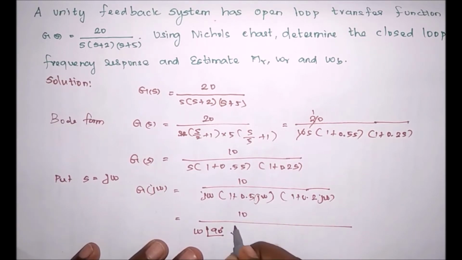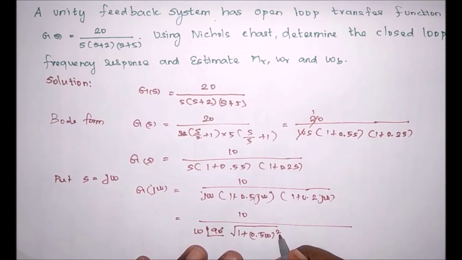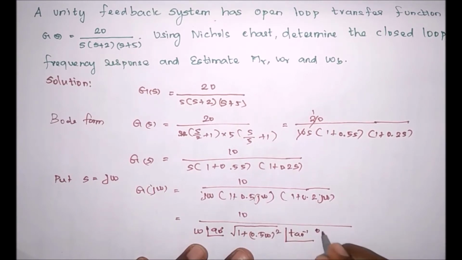Here the magnitude of the second term is square root of 1 square plus (0.5 omega) square. This is the magnitude. Then the angle of the second term is tan inverse of imaginary part 0.5 omega divided by real part 1.